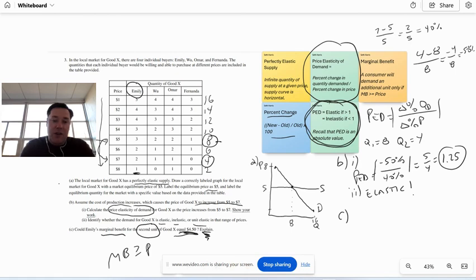All right, they ask us about our second unit. So we're going to go back this direction. And her second unit, she demands at a price of $7. All right, so the first unit at $8, the second unit when the price falls to $7. And so therefore, her marginal benefit for the second unit has to be at least equal to or greater than $7.